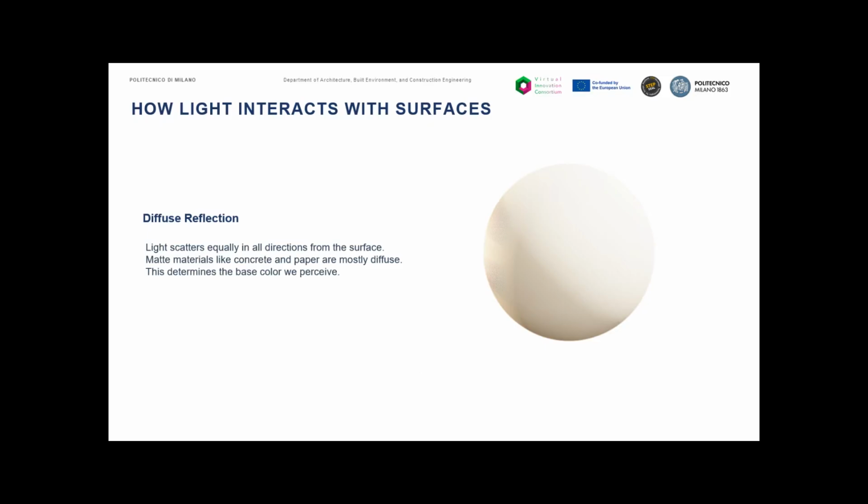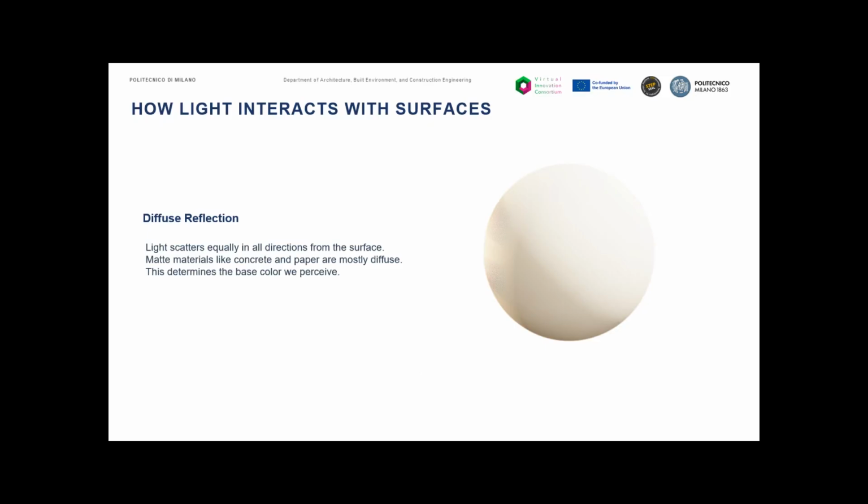Here we have diffuse reflection, which describes light scattering that is roughly equal in all outgoing directions. So the brightness of the surface appears very consistent regardless of the viewing angle. This is Lambertian reflection, after Lambert's observations.